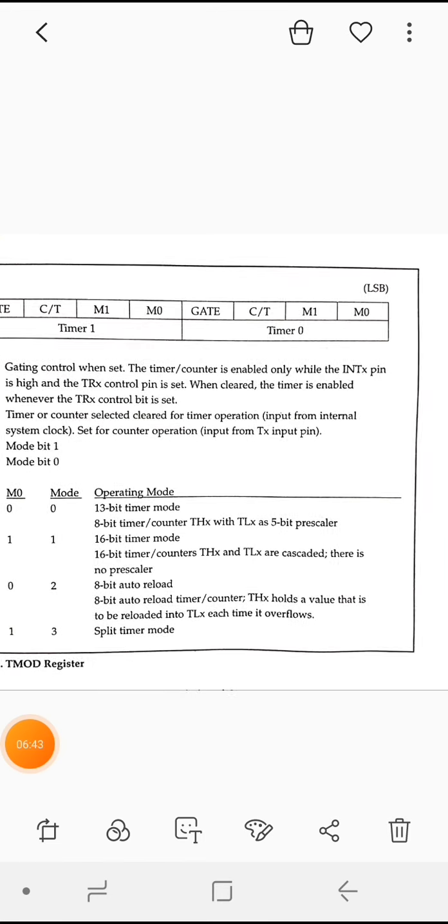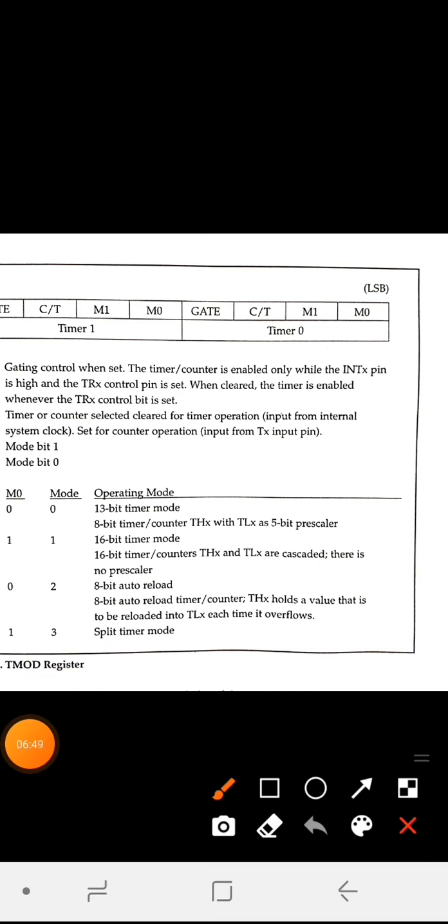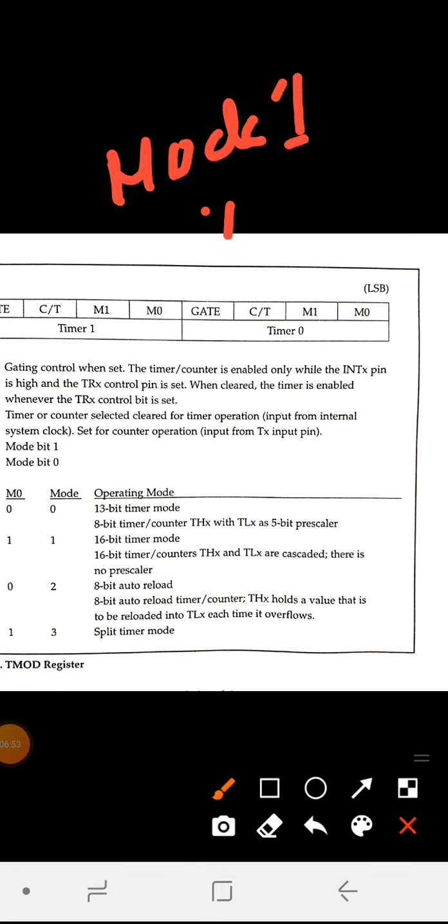So here we can calculate the values of the TMOD to operate as timers. For example, if you are taking mode 1 of timer 1, then look at the timer 1 section and make it mode 1, nothing but 0, 1.